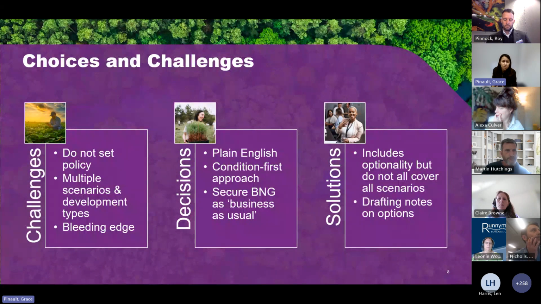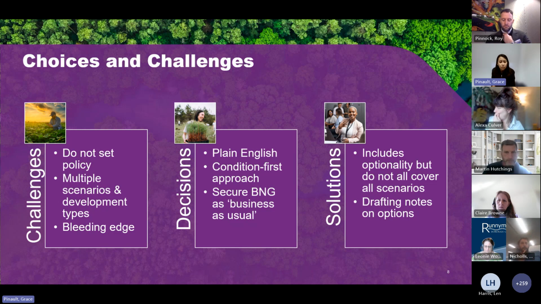So in our decisions, what we chose to bring the ethos into those templates is to adopt a plain English approach. Our approach is also condition first. So anything that can be dealt with by condition, especially in relation to a development, we're going to be doing that by condition. We're only going to be looking to planning obligations where it was necessary to do so.